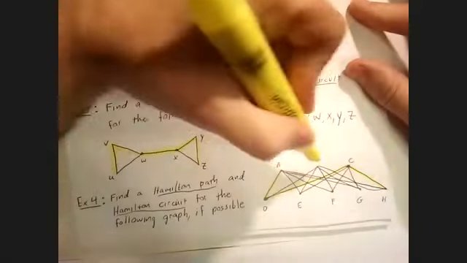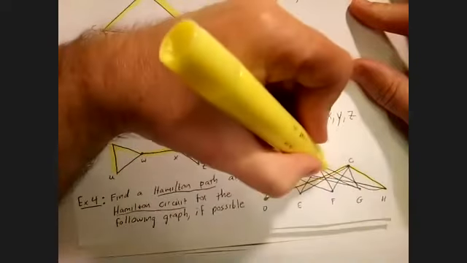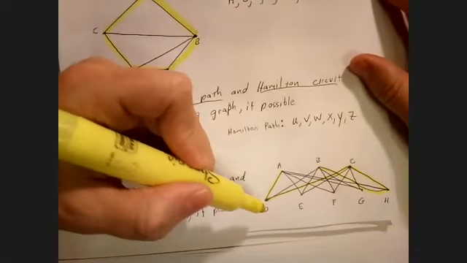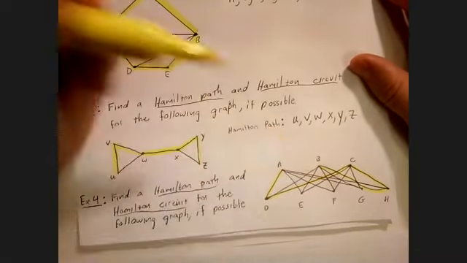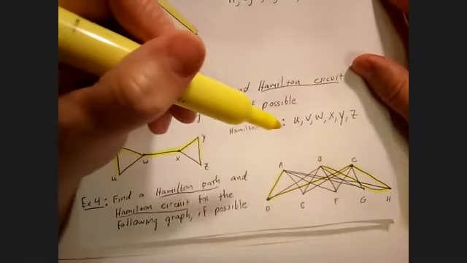So that's this kind of curvy one because it kind of looked like it was intersecting. I changed it up a little bit. Now from B, I can go to D, but if I go to D, I'm done, right? Because I've already used these. I don't want to do that yet.